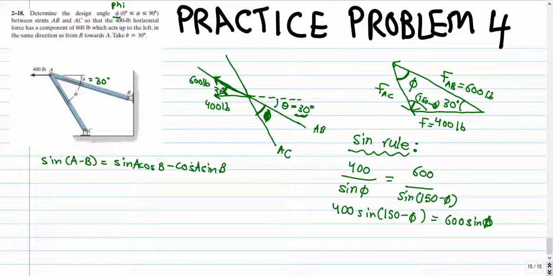So using this formula, we're just going to expand our sine of 150 minus phi, and what we get is 400 times sine of 150 cos of phi minus sine of phi cos of 150 equals 600 sine of phi.